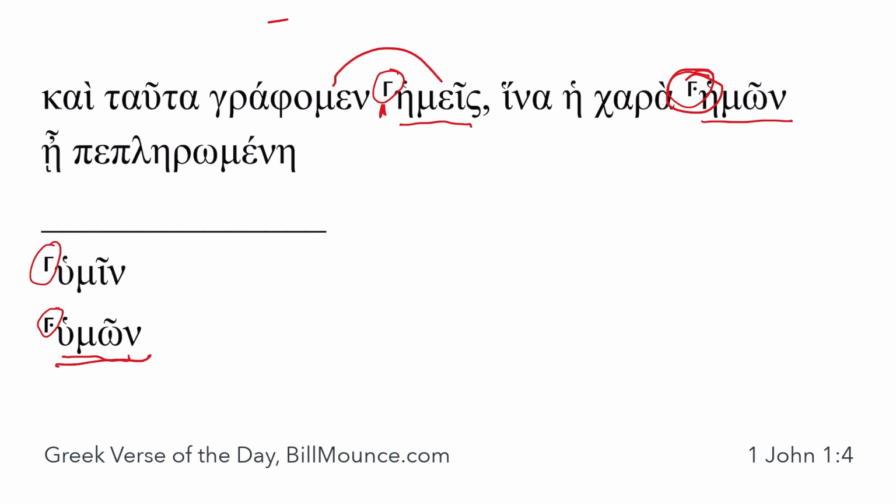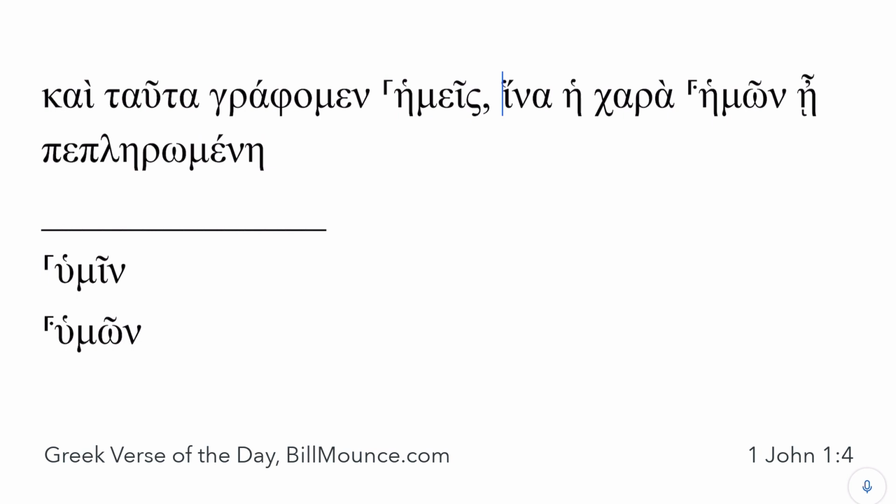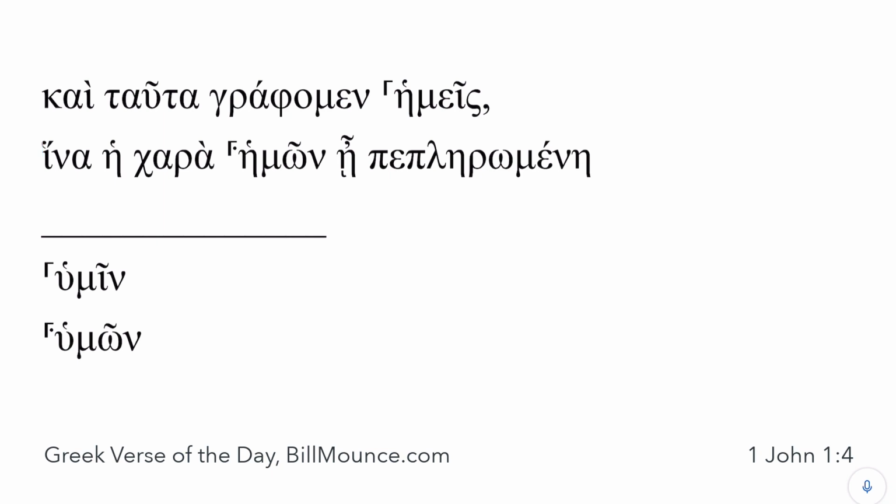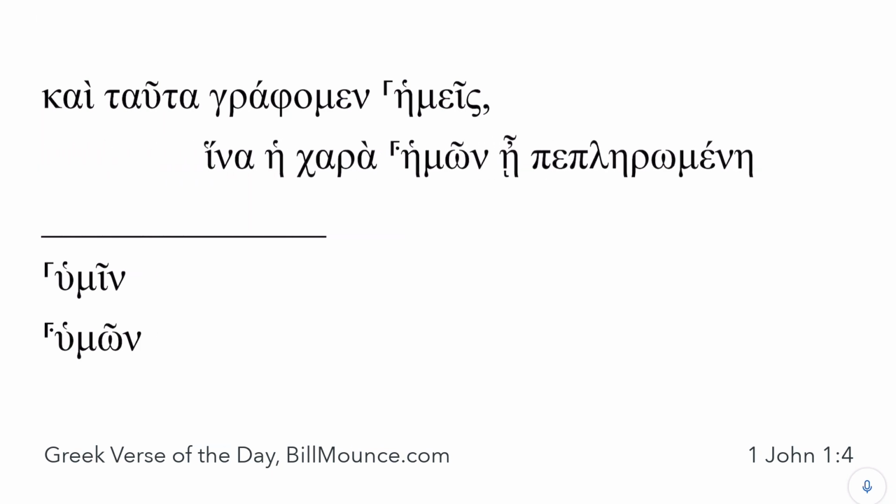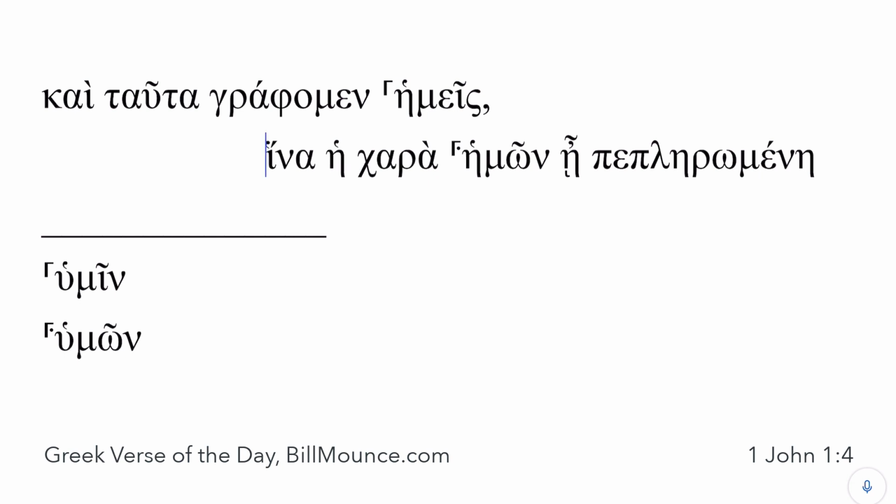The phrasing of 1 John 1:4 is pretty straightforward. Hina introduces a dependent clause. It always goes on its own line. So what is the hina tying into? It's tying into we write. Why are we writing? In order that our joy might be fulfilled. John understands that the truth of the gospel and the implications of the gospel ultimately bring joy to both parties, depending upon which textual variant you want to follow.